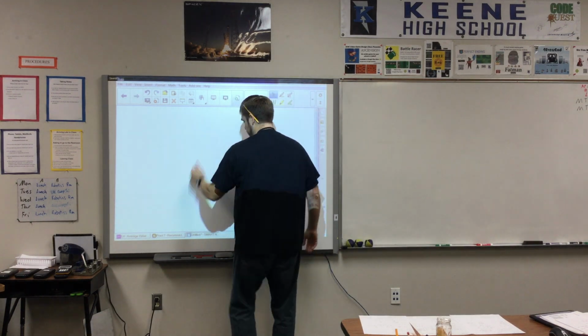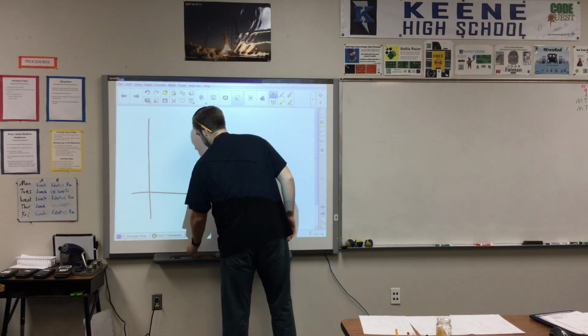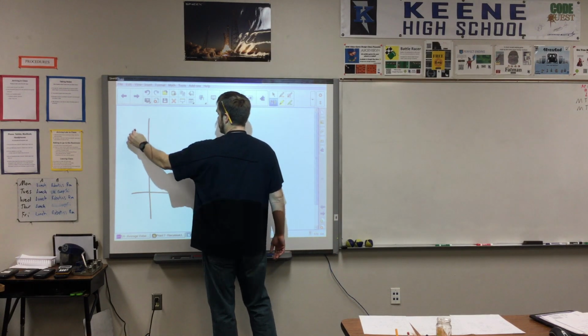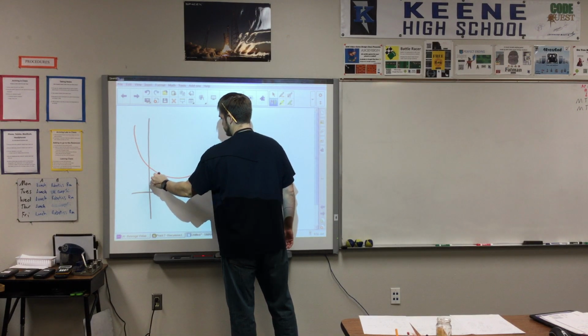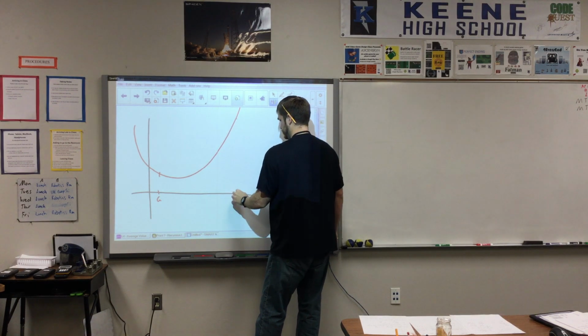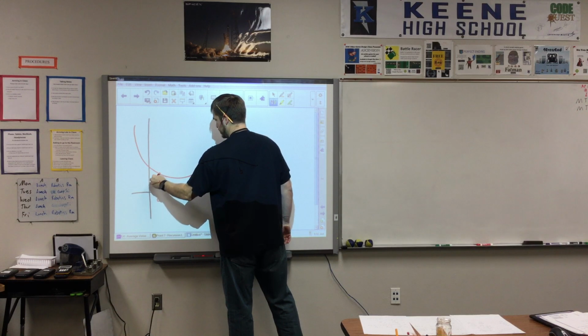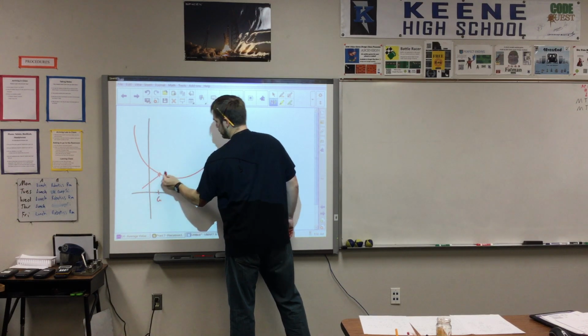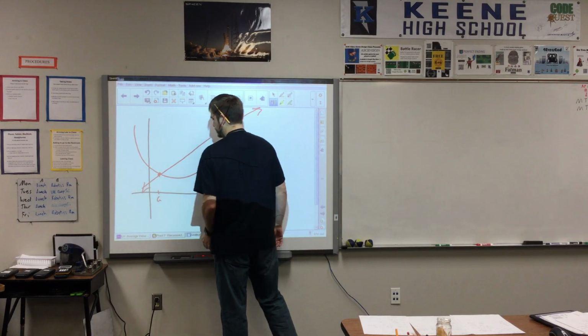Let's try to draw one that's gonna beat the toothpick. All right. So maybe something not too crazy, just something that looks like that. There's A, there's B. There's the secant line.